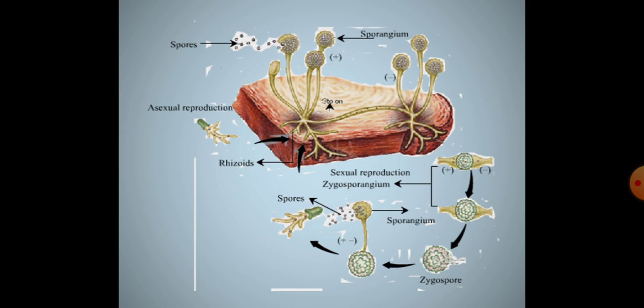These sporangia produce spores asexually through mitosis, and these spores then again germinate to form fresh mycelium over the substratum. This is the asexual phase.